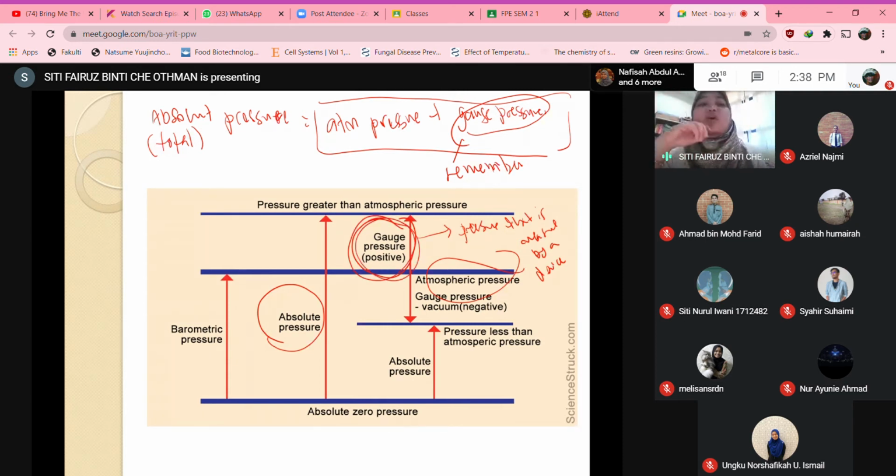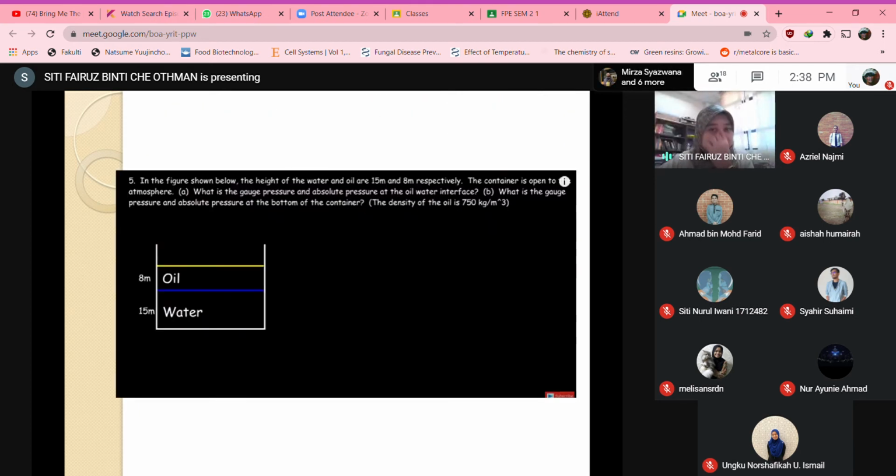So in order for you to get absolute pressure or total pressure, if you were to be given an example of cases or trying to solve a problem, if it asks for the value of absolute pressure, always remember you calculate the gauge pressure, and then that gauge pressure must be added with atmospheric pressure. Okay, so this is just an example.